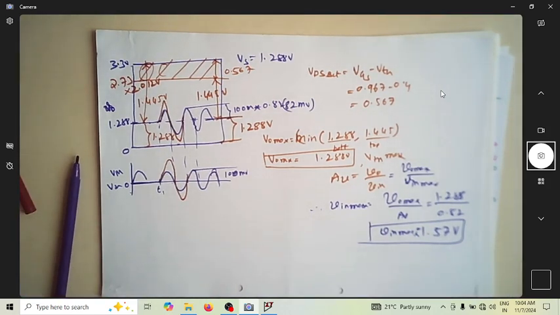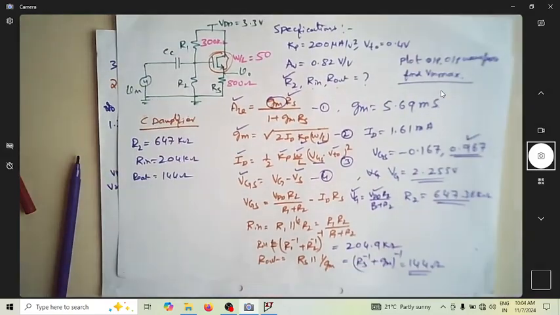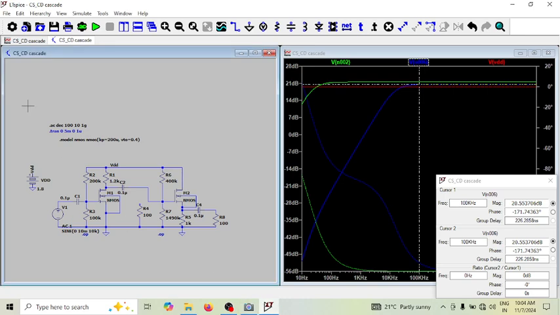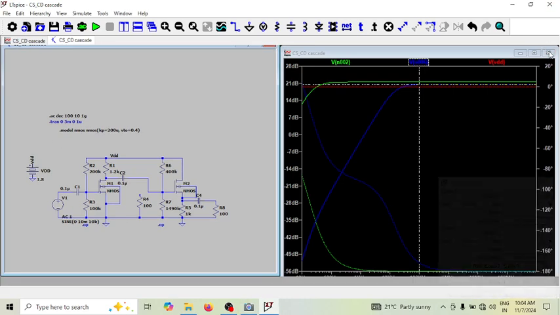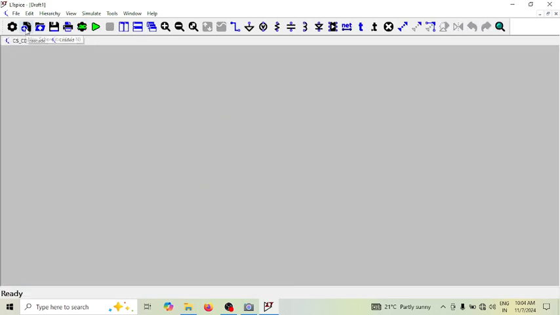So let us do a simulation of this particular circuit and try to understand whether all this theory we learned is fine or not. Let me start with a new circuit, from scratch.